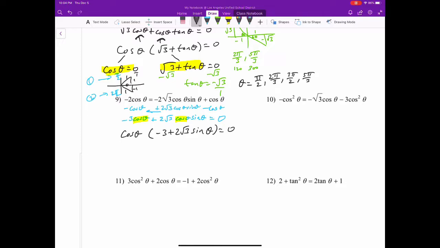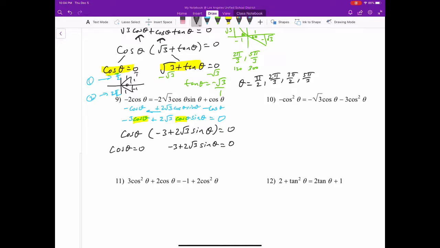And just like what we did before, we have two possibilities. Let's separate these possibilities out. Cosine of theta is equal to 0, and then we have negative 3 plus 2 square root of 3 sine of theta is equal to 0.